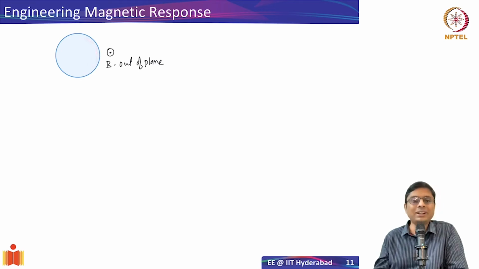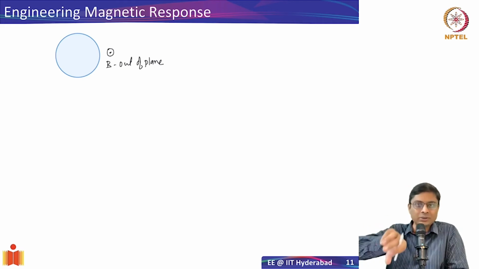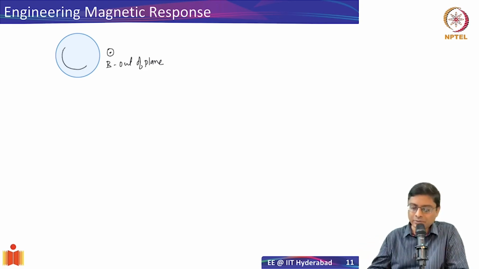There will be an induced current in the disk, so as to counter the external field. Right now my external field is like this. So Lenz's law tells us that there has to be a circular current flowing to counter this external field. So there will be an induced current of this form.